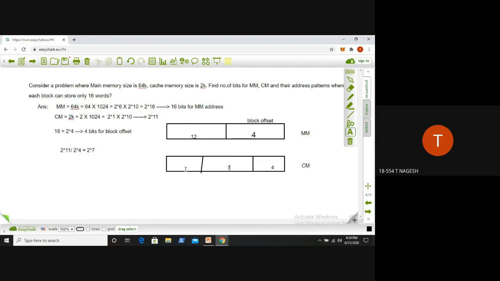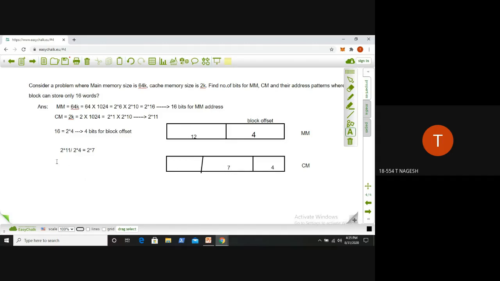So here we have 12 bits for the block number, and the bits required to represent the cache line is 7.